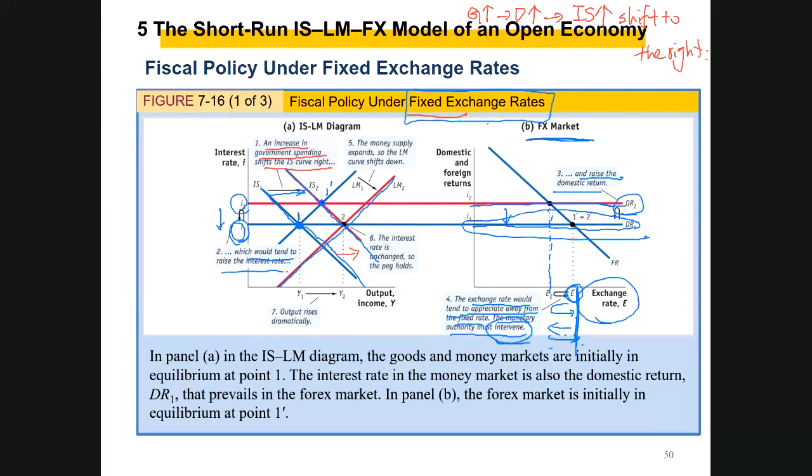Right? But what is the output change? The output will rise dramatically. Not only to the first stage of the IS equilibrium, it will also move to this point.